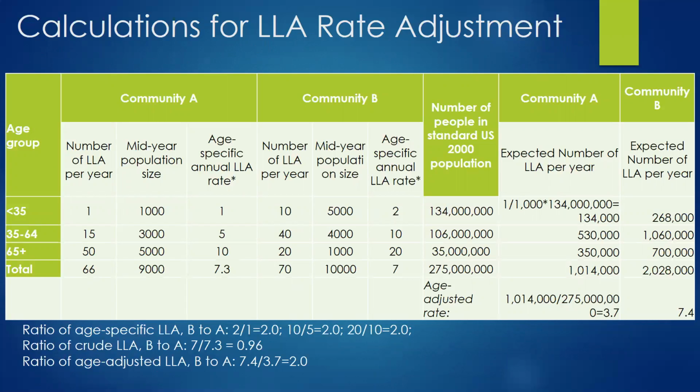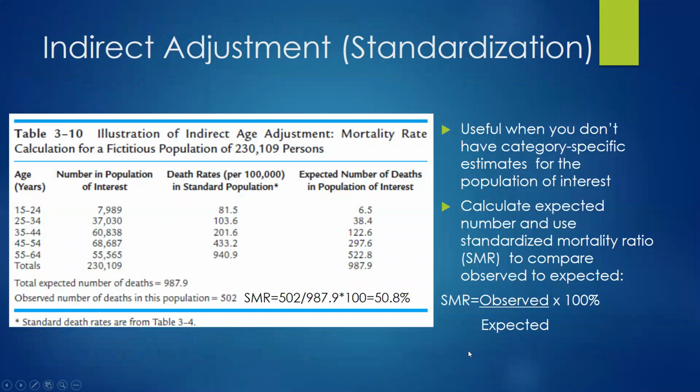So now we have an age-adjusted rate of amputations in community A of 3.7 per 1,000 people, and an age-adjusted rate in community B of 7.4 per 1,000 people. And now we see that that overall rate is indeed twice as high in community B as it is in community A, which matches our earlier observation that within each age stratum, the amputation rate was twice as high in community B as it was in community A.